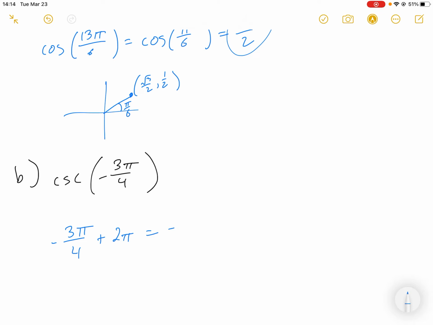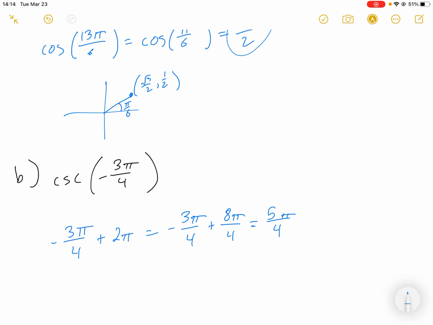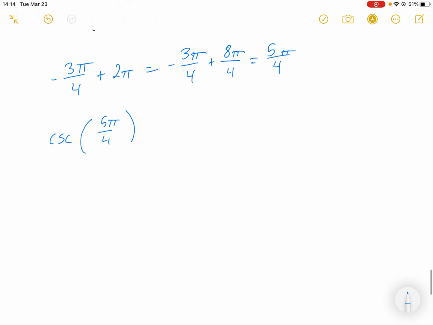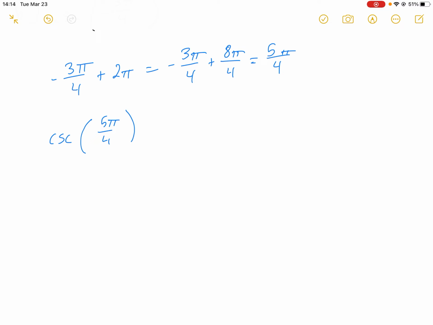So what I'm going to do is add 2 pi to this. And so I end up with 5 pi over 4. And so what I need to do now is evaluate cosecant of 5 pi over 4. So we do a quick check of our unit circle, find 5 pi over 4.